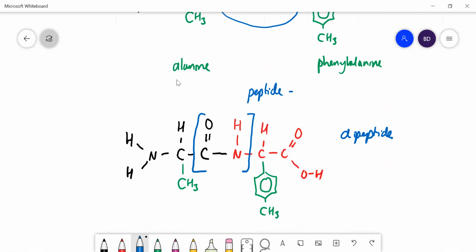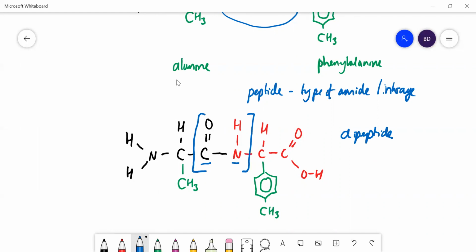It's a type of amide linkage, but you only call it a peptide linkage when it's between 2 naturally occurring amino acids. So it's that carbonyl group and then the NH group there.